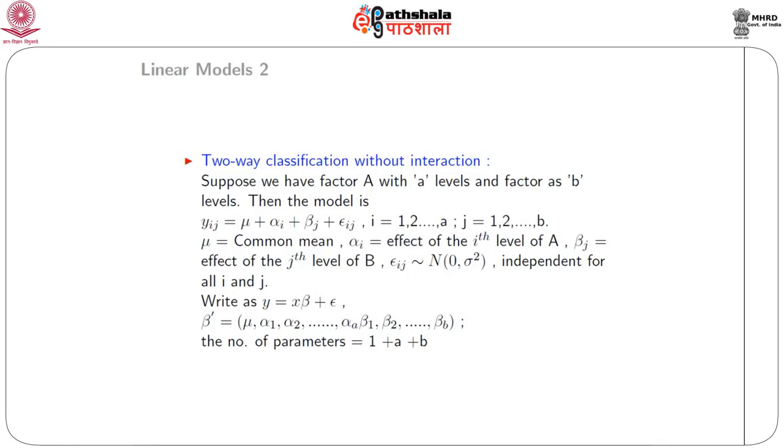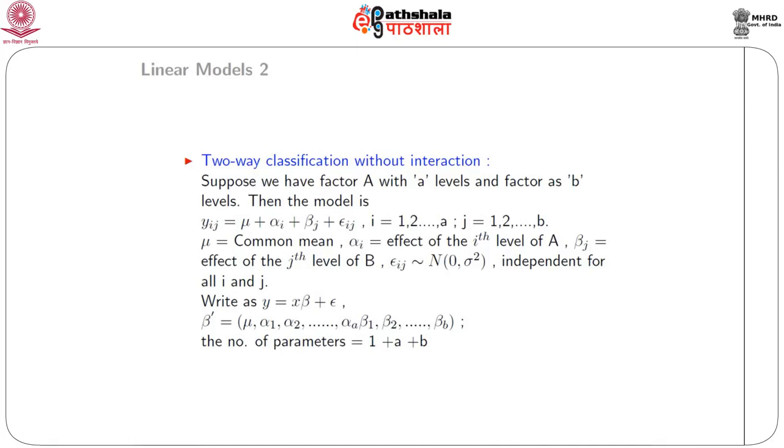We can write this system of equations in the form y equal to x beta plus epsilon, where beta transpose is the vector of all the parameters and the number of parameters is of course 1 plus a plus b.